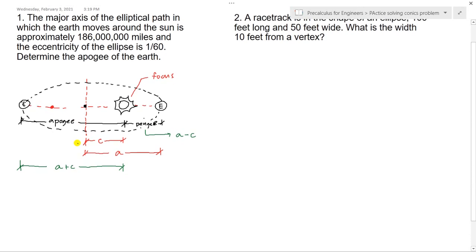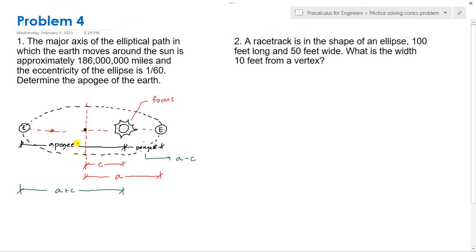And the given here is that the major axis of the elliptical path of the earth is 186 million miles.